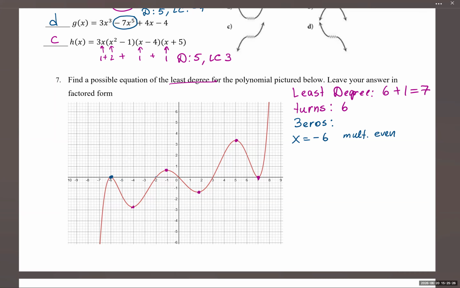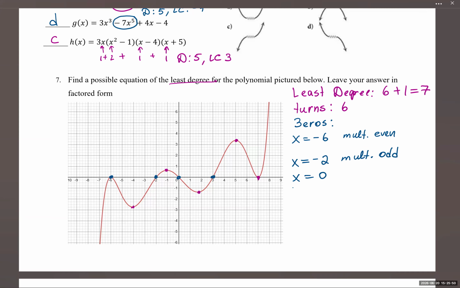Then let's go to the next one. Here's the next zero, x equals -2. The graph is crossing through -2, which means that the multiplicity is odd. This one, x equals 0, same thing, multiplicity is odd. Then we have this one.